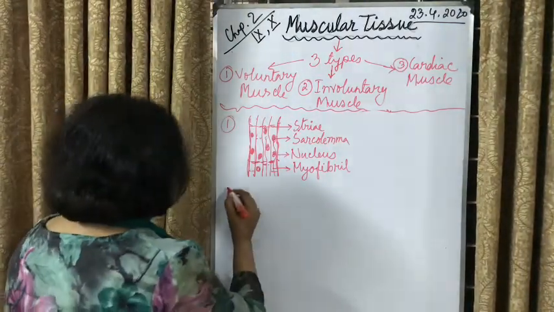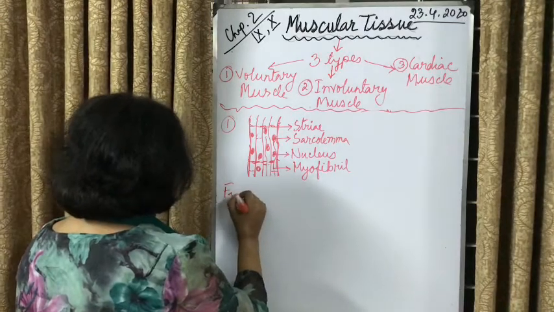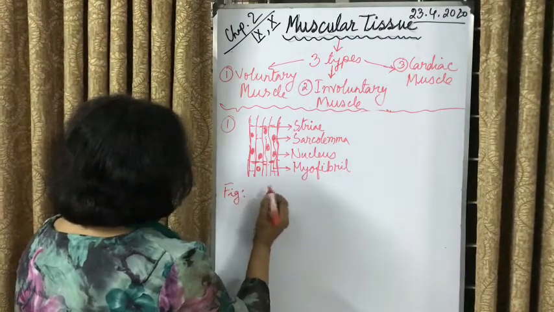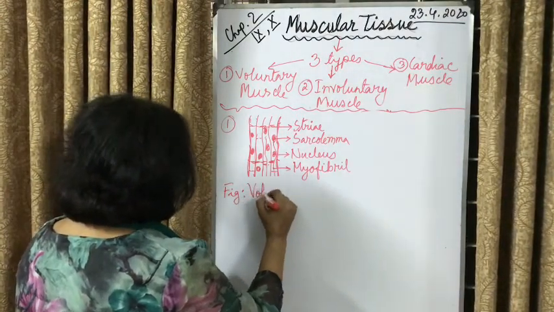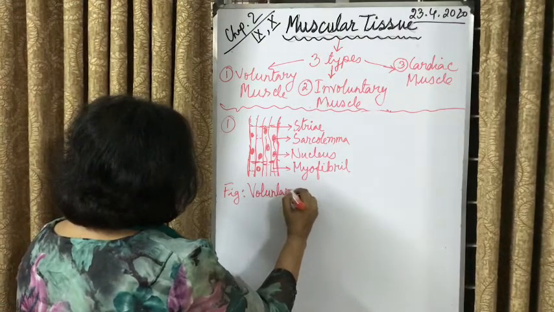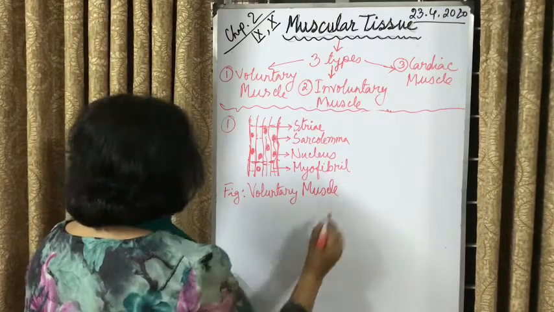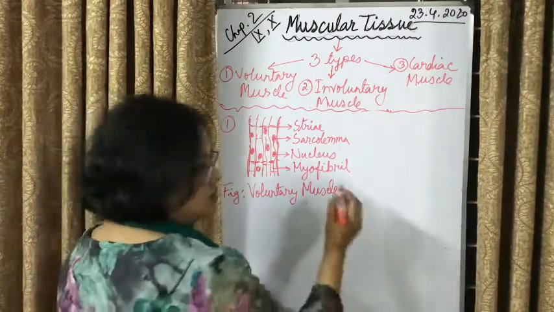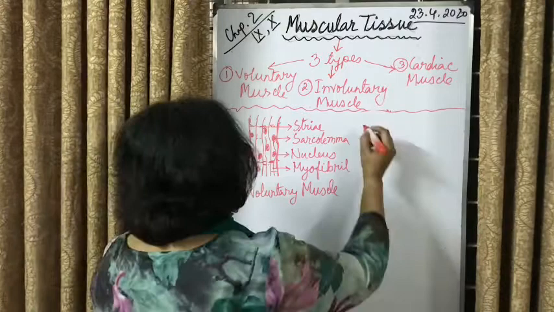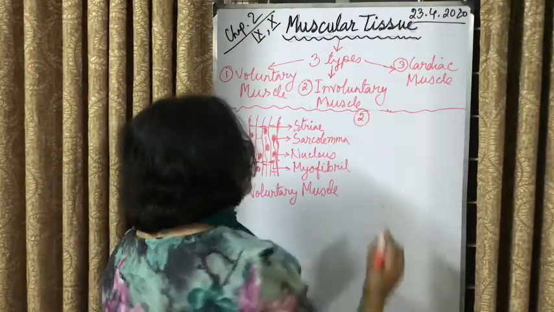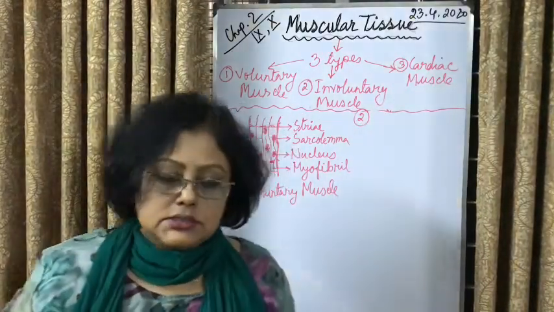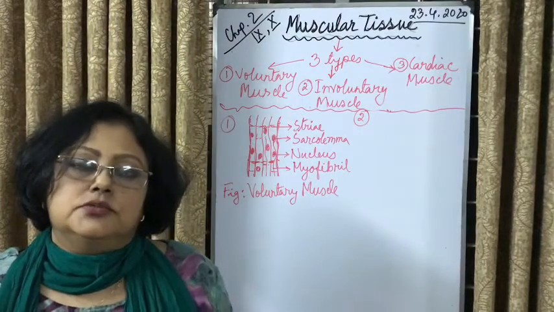So the figure name, voluntary muscle. Now if I draw the second, involuntary muscle here, these are the muscles which move on their own.